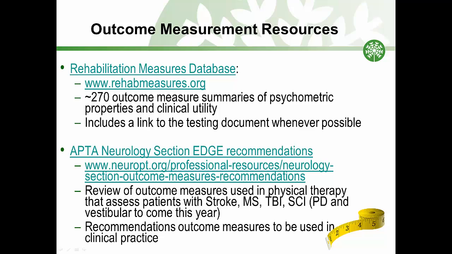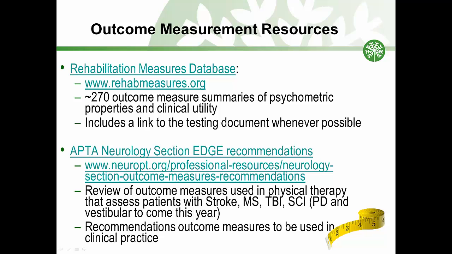The Rehabilitation Measures Database, which was developed by RIC, CROR, includes summaries of the psychometric properties and clinical utility of nearly all different types of outcome measurements. The American Physical Therapy Association Neurology Section has reviewed measures for patients with stroke, MS, TBI, SCI, PD, and vestibular disorders and has provided recommendations for use in clinical practice.